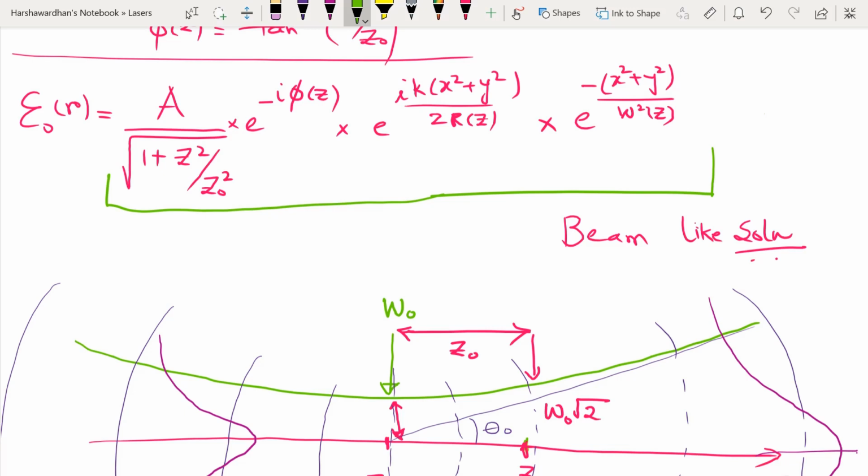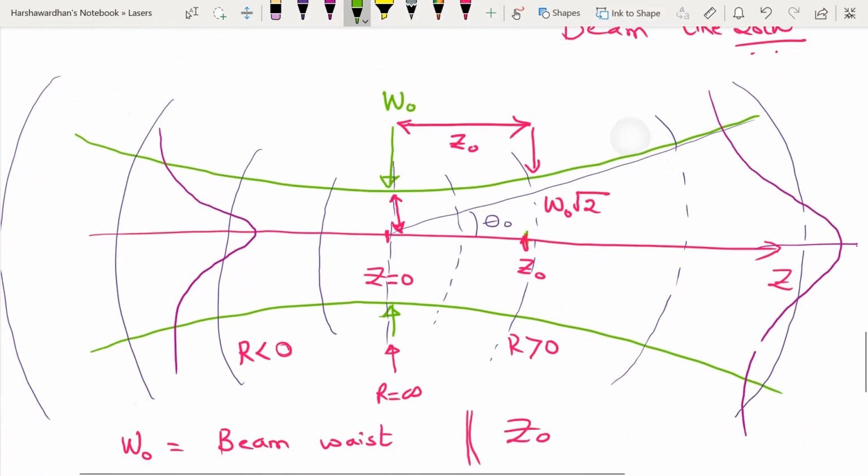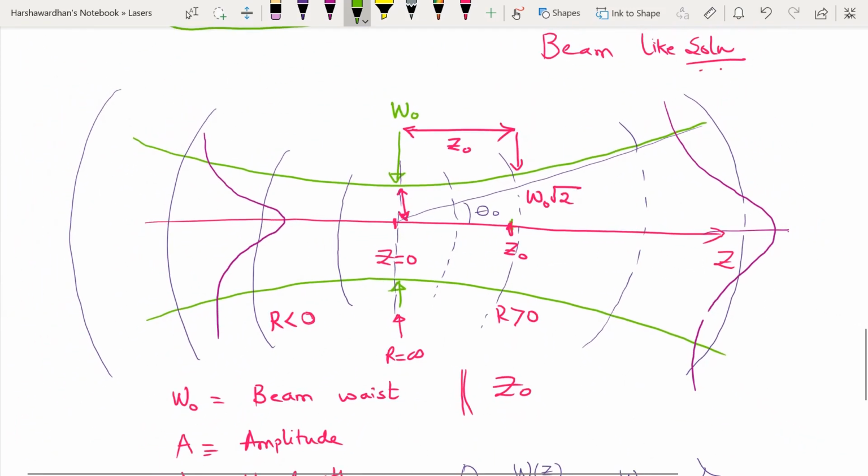This was the real part of the q, which was the generalized width. This is the imaginary part that gives you the amplitude, which has got a Gaussian width, so exponential minus x square plus y square divided by w square of z, where w is a function of z. So now let me look at it pictorially, what this implies and why this is a beam-like solution.